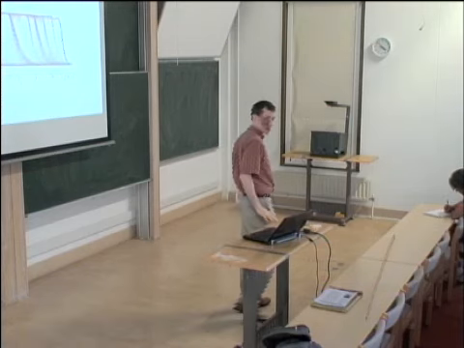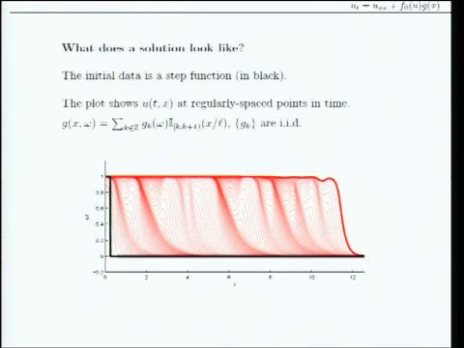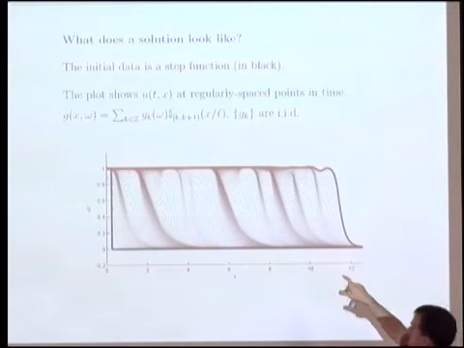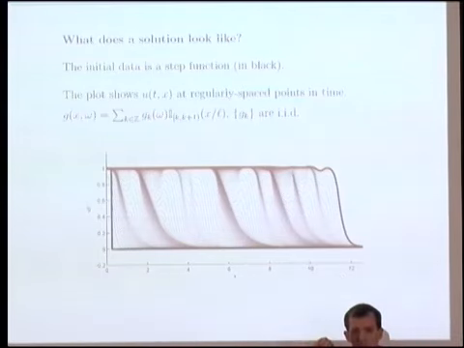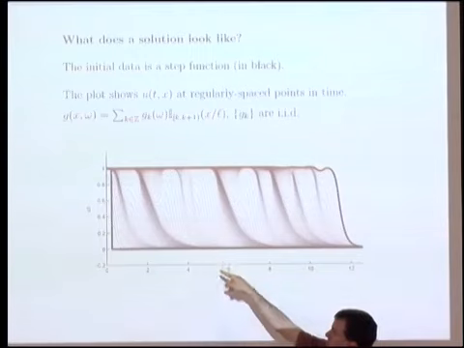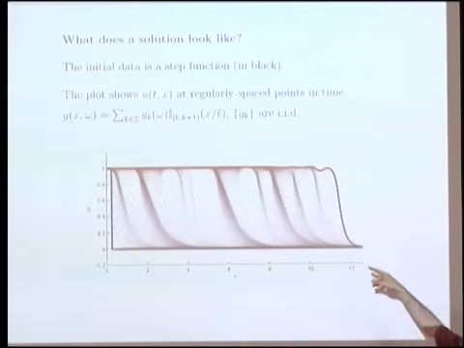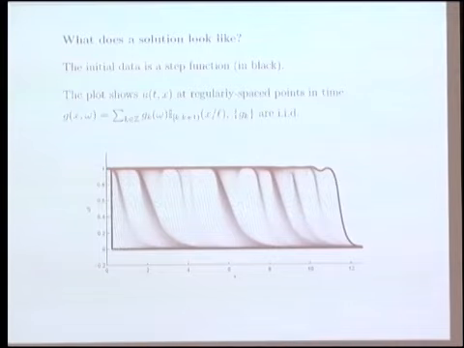So what does the solution look like? Well, if you were to start with a step function times 0 and plot the solution, you might see something like this. This is the result of a numerical simulation. The black step function is the initial condition, with Neumann boundary conditions at both ends. I believe this is for the bistable type nonlinearity.